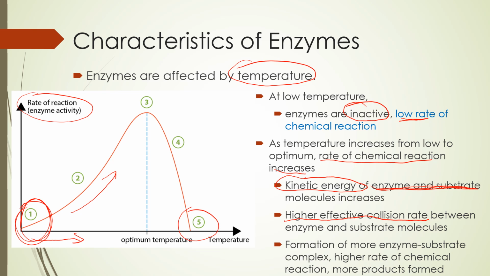Because they are colliding into each other more, they can form more enzyme substrate complex. And if they can form more enzyme substrate complex, the reaction will start, and so more products will form. So an increase in temperature makes the reaction faster because of this theory, which I'm highlighting here.